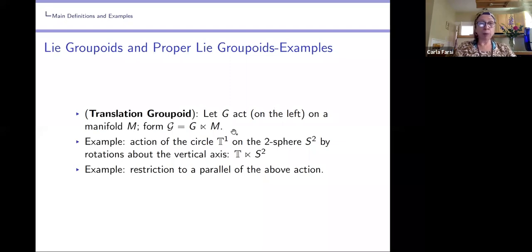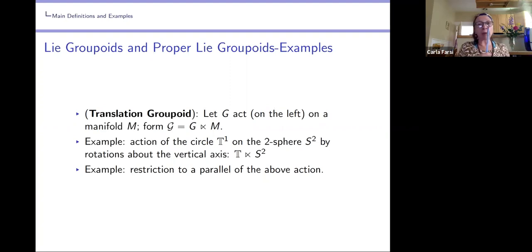And for example, this is a main example that is very simple. If you take the action of the circle, the group of unit complex numbers, on the two-sphere by rotation about a vertical axis, then in this case, this is a group action.